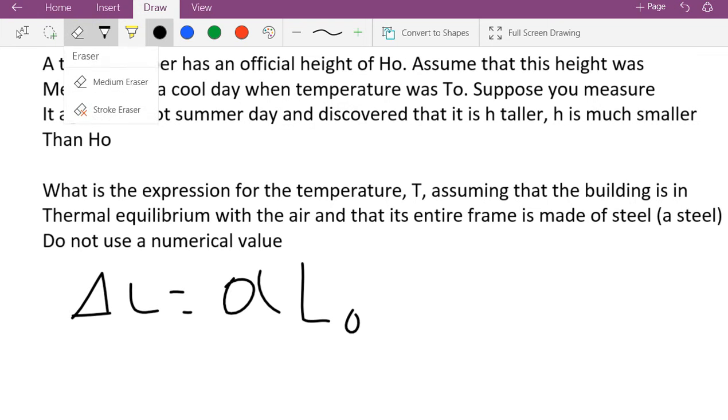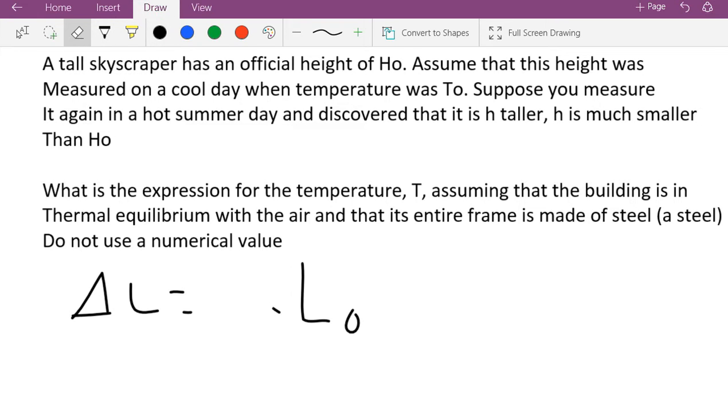This is alpha. This is horrible. Let me just erase this real quick and make a better alpha. Oh, that's just as bad. Alright, I cannot draw an alpha. I'll do this. Yeah, that still looks pretty bad, but for the sake of this: alpha, length naught, delta t.